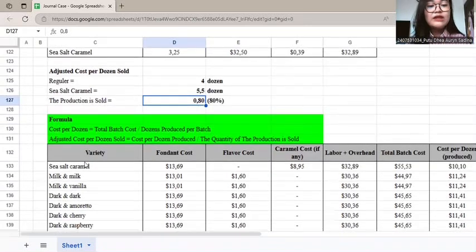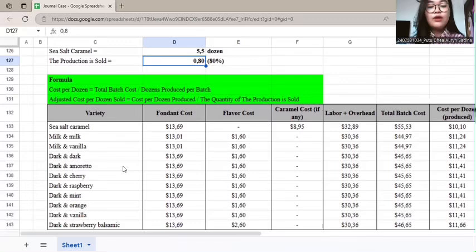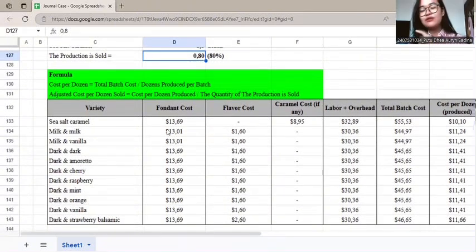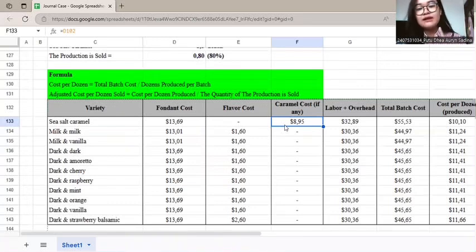The formulas we will use are cost per dozen and adjusted cost per dozen sold. We already know the fondant cost from the last requirement, so we just put it in based on the variety, whether it uses that fondant or not. The flavor cost and the caramel cost are also from the last requirement, put in if the variety uses them.